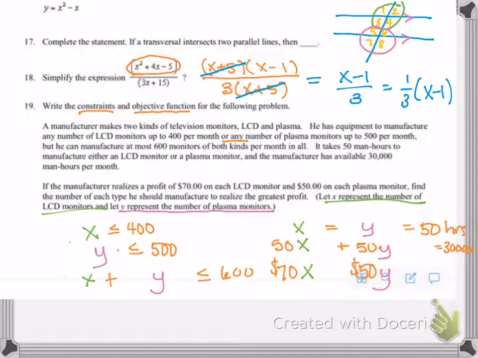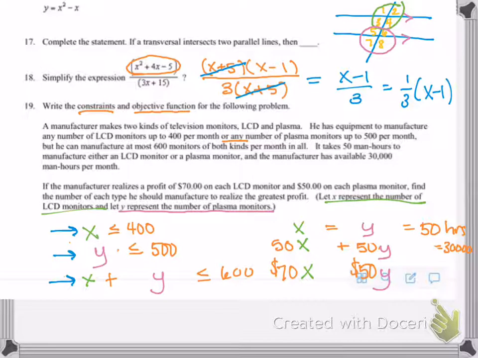Now finally, here are all of our constraints. We can't make more than 400 of the LCD monitors. We cannot make more than 500 of the plasma monitors. We cannot make more than a total of 600 of the monitors.